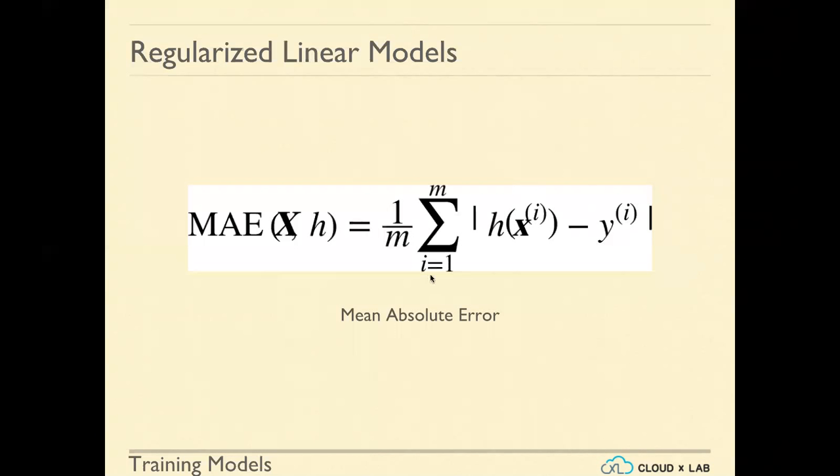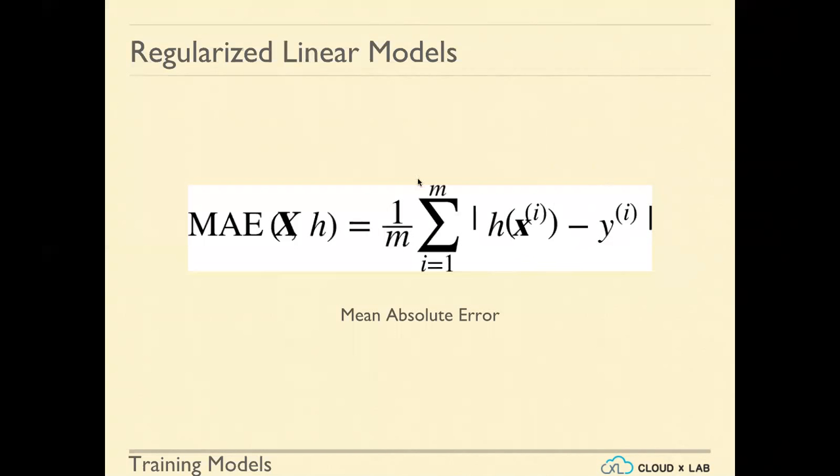So we are summing up from 1 to m, and all of such values. For the first record, whatever is the predicted value of y, we subtract that from the actual value of the first record. Then we do that for all.